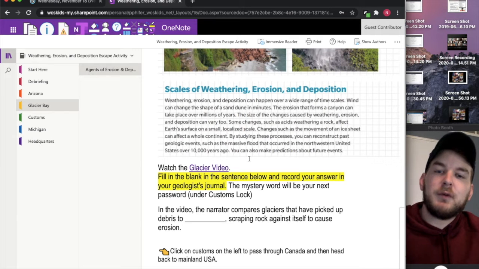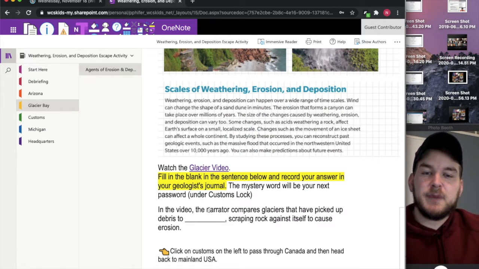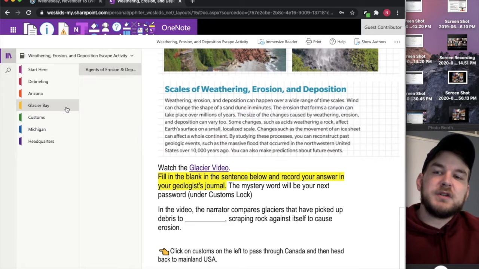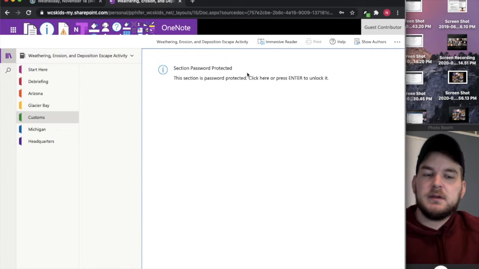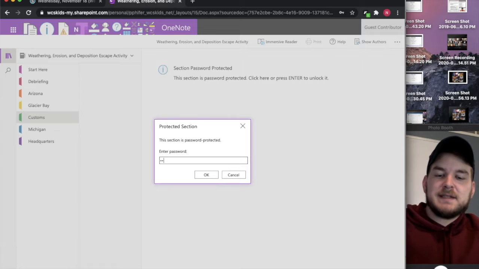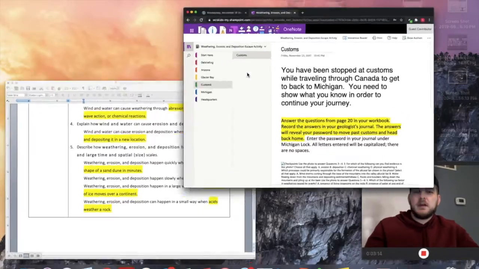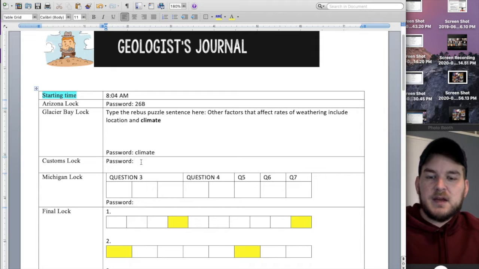And now after watching the video, in the video, the narrator compares glaciers that have picked up debris to blank scraping rock against itself to cause erosion. So after watching the video, I know that it was described as sandpaper. It should get us in. Okay, so I'm going to go enter that into the customs lock.